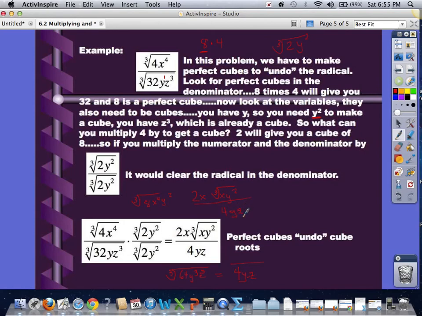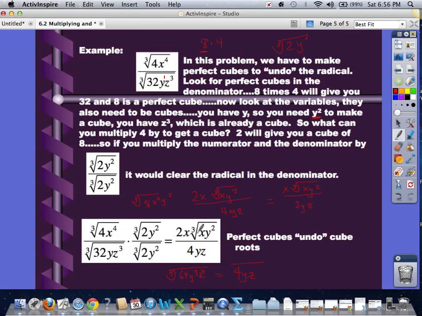And that is almost simplified. You notice that I've got a 2 and a 4 out here on the outside. Anytime you have that, you can technically simplify that too. Those are just plain numbers, so that would be 1/2, right? 2/4 is the same as 1/2, so I could just end up with x times the cube root of x y squared over 2yz.